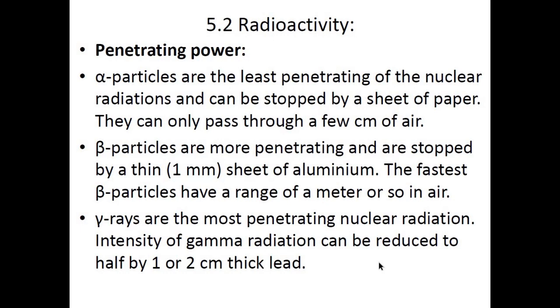The fastest beta particles have a range of a meter or so in air. After that, they become completely absorbed by the air molecules nearby. Gamma rays are the most penetrating nuclear radiation. Intensity of gamma radiation can be reduced to half by 1 or 2 centimeter thick lead.